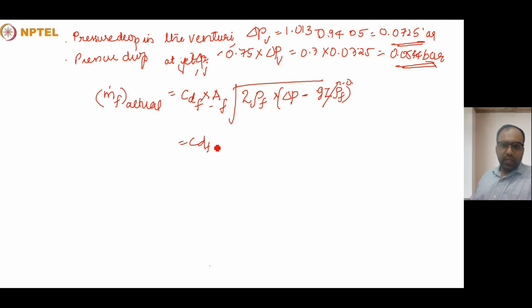So the velocity is root of 2gH. This head value can be written as delta P divided by rho g.